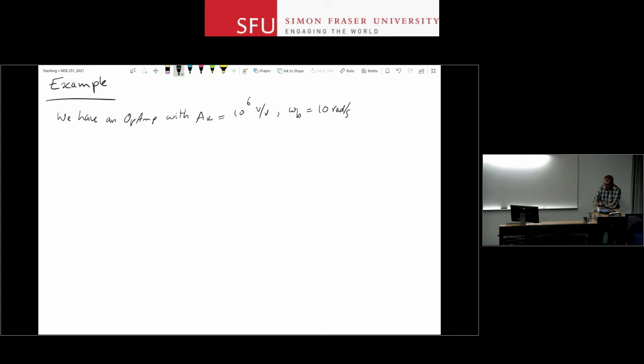And we are making an inverting amplifier with this op-amp. So for an inverting amplifier with a gain of minus 100 volt per volt, what is the bandwidth, right?